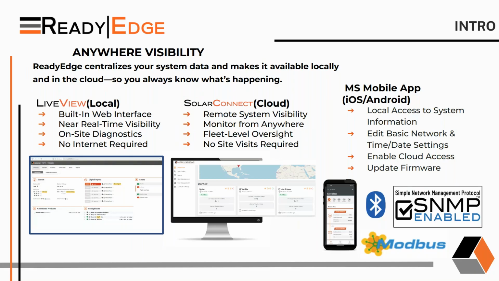So today we're going to talk about how the ReadyEdge adds these features to our current product catalog, as well as extends the functionality, monitoring, and control that you have on your off-grid sites far beyond what was previously available with our products. We're going to start off by showing you the products, and then we'll get into a demo.